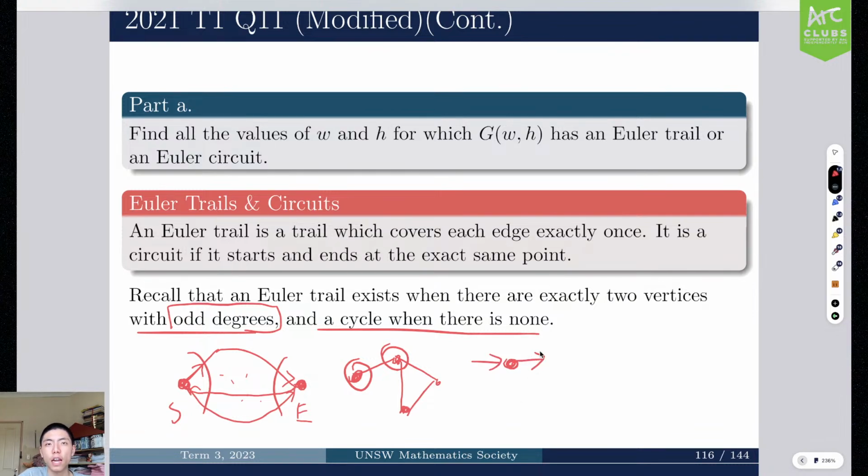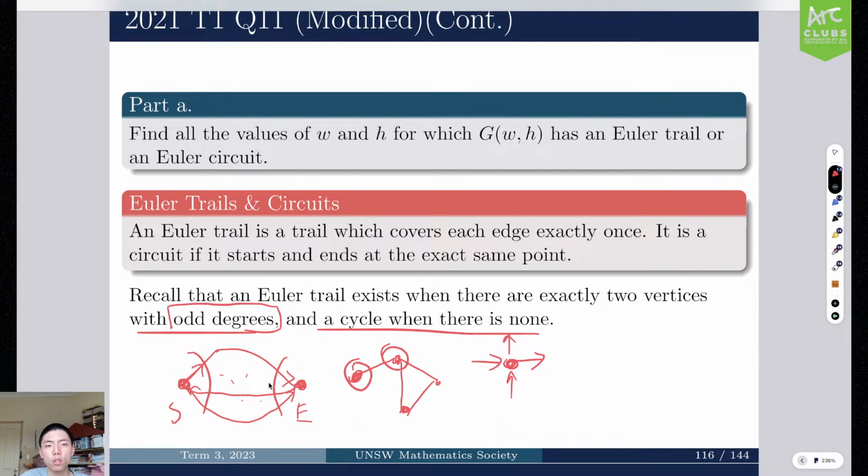If it enters it again, then it will need to exit it again, and so on. So the number of entries and exits must always be equal, which means there has to be an even degree vertex if it is not the beginning or the ending. The only case where you can have an odd degree is if you start and/or end at it.